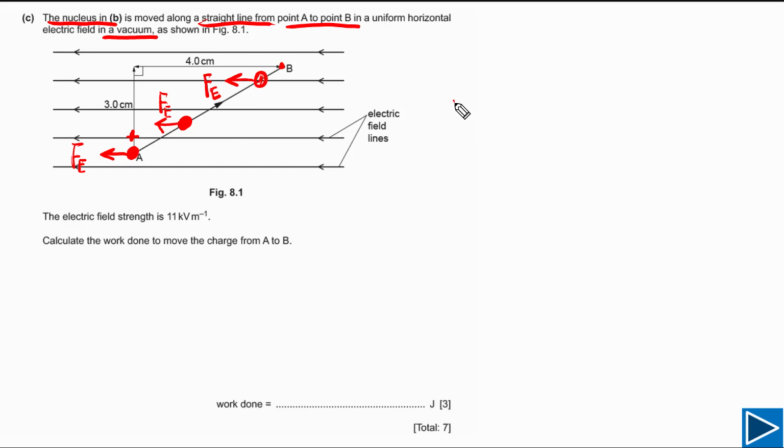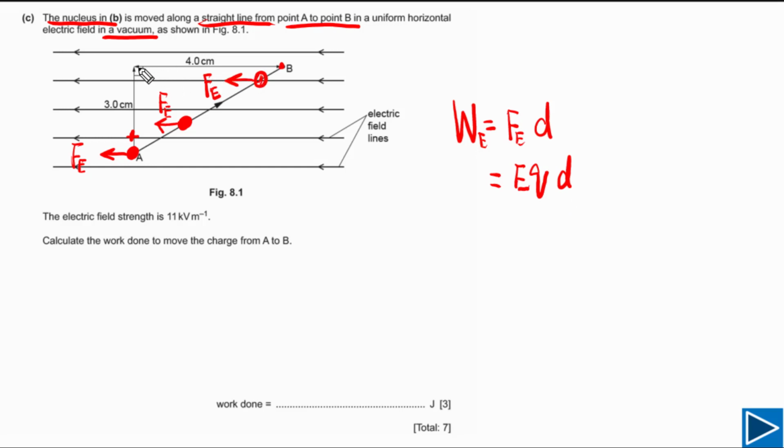Now if we need to find the work done by the electric force, that will simply be equal to the electric force times the distance moved in the direction of force. The electric force is EQ, so the work is EQ times D. D is a very important thing to understand.